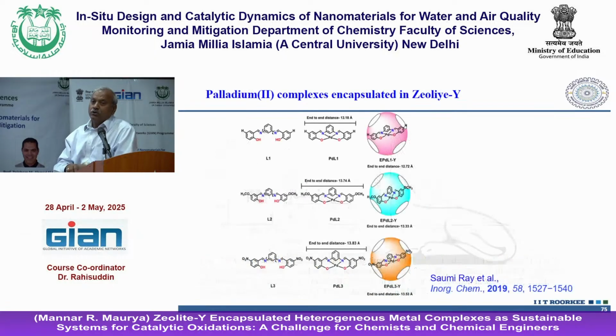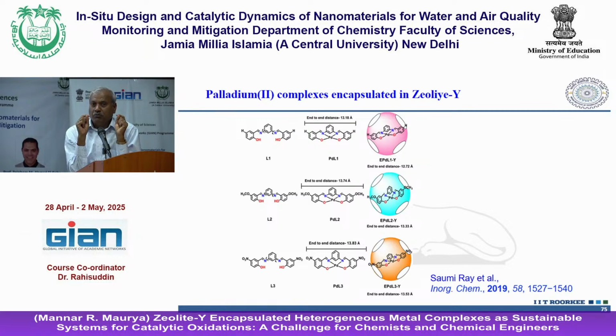So far, what I told you is that these catalysts are so good, but earlier, due to restriction, or you can say the non-availability of a lot of instruments at our place, we were restricted to certain reactions, but we definitely observed some good results.